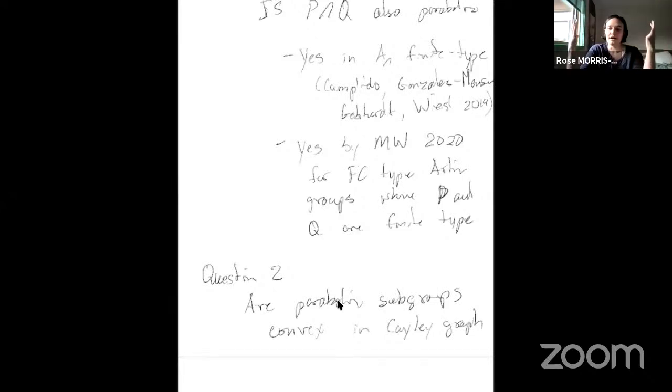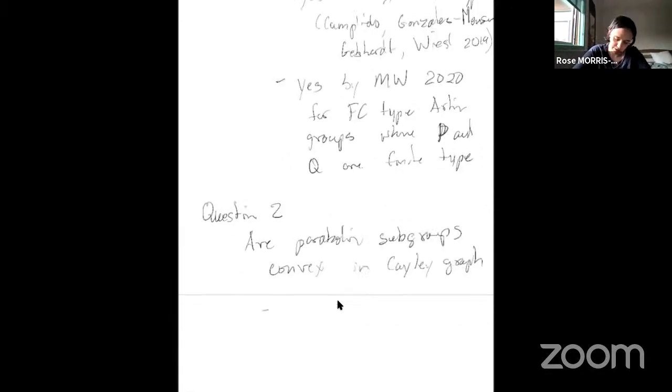Is that a convex subgraph? And the answer here is yes, just for what are called the standard parabolic subgroups, where I'm not actually conjugating by anything. This is by Charney and Paris, in, let's see, I did write down the date here, 2015.